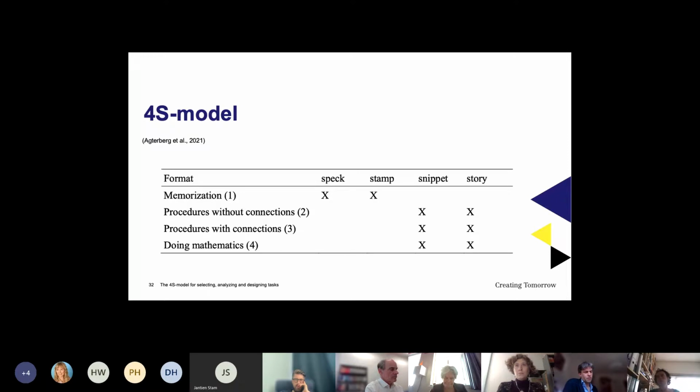The snippet and the story can be at the lower level, procedures without connections, but depending on what is done in this exercise or in this text, it could be on the higher level, procedures with connections, or actually doing mathematics. And this picture is very important for how I want to use the model for designing activities at a higher level. It's going to come back in 2 slides.